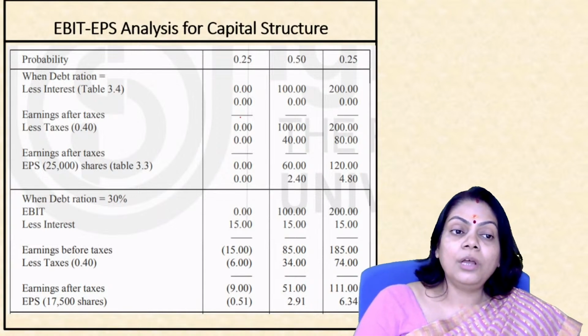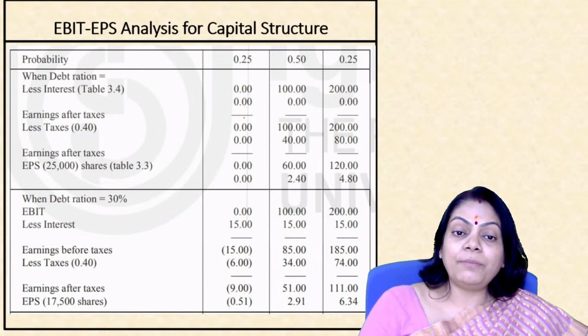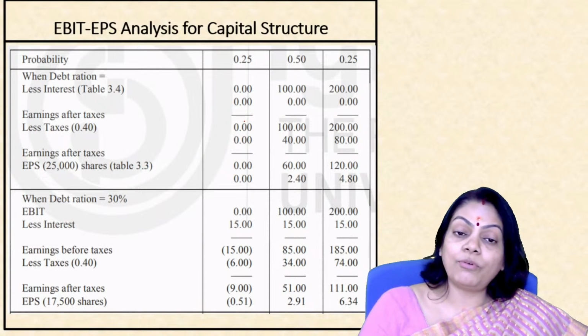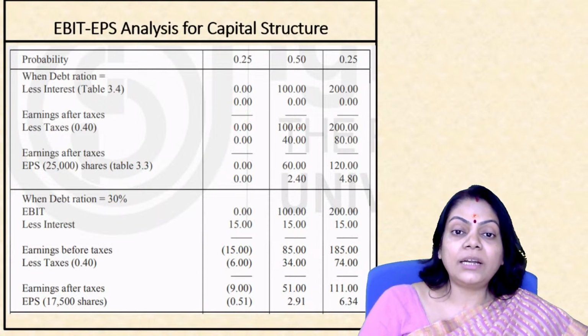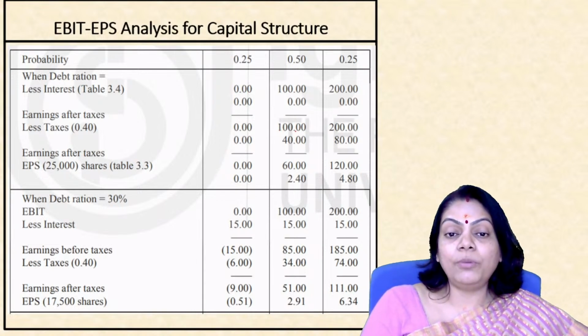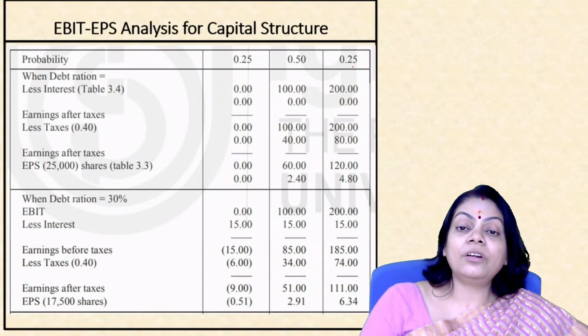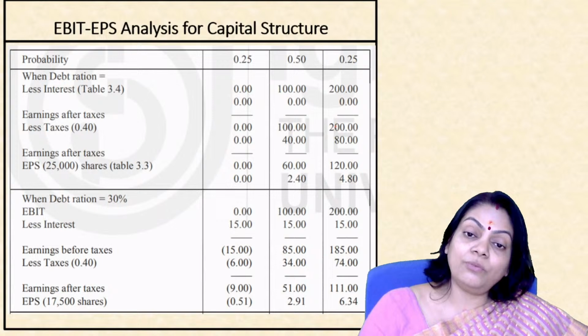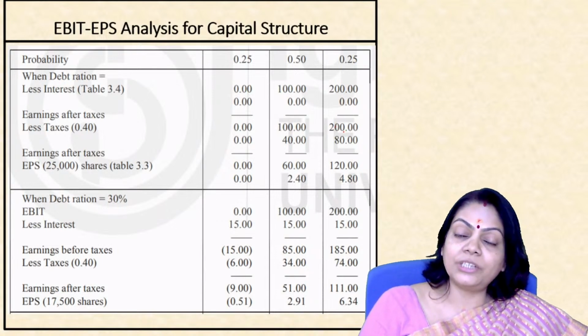You remember when we talked about a 25% probability, the sales revenue will be 4 lakh and there was no EBIT. The second case, 50% chance that the EBIT will be 100, that is 1 lakh. And the third case, 25%, when the sales revenue was 8 lakh, the EBIT would come to 200, that is 2 lakh.